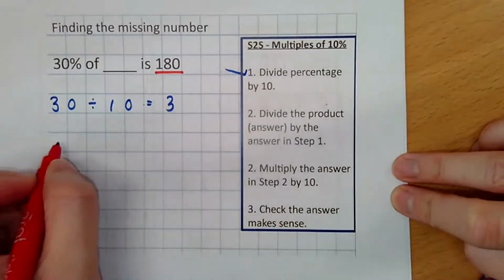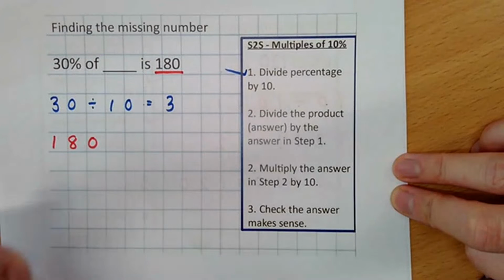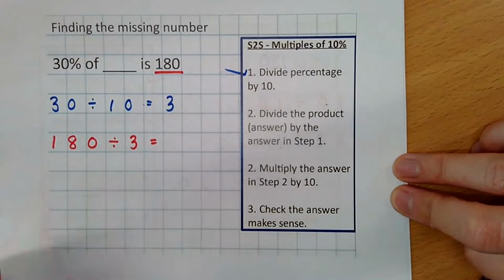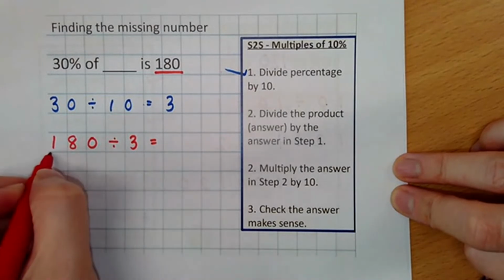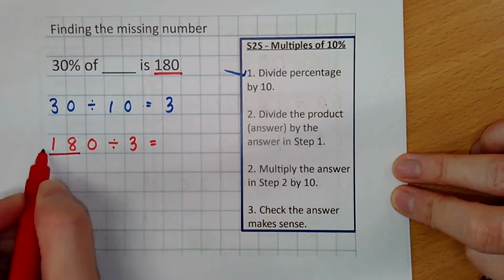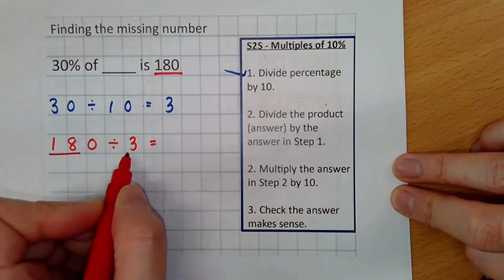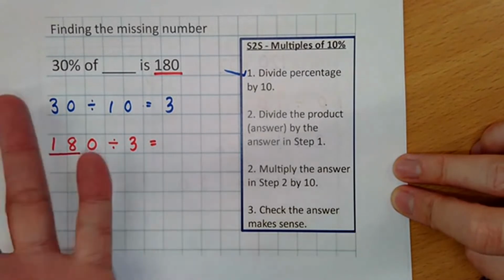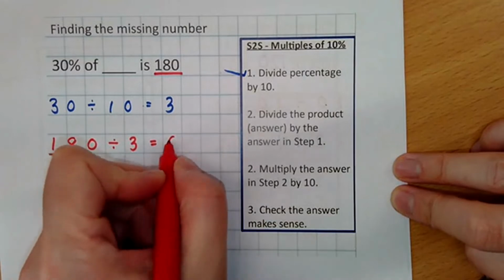Well done, 180 by 3. Good. Now this can be quite tricky, although what you can do, you can use bus stop method, but there's also this method too. 18 divided by 3, 6, 9, 12, 15, 18 equals 6.